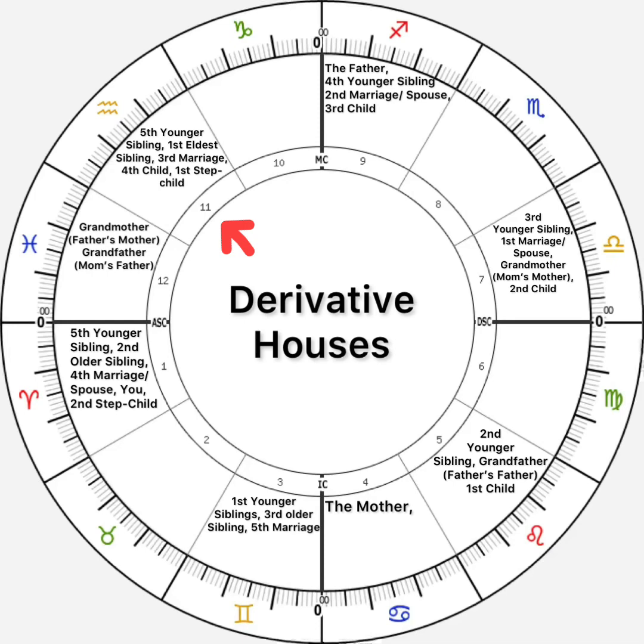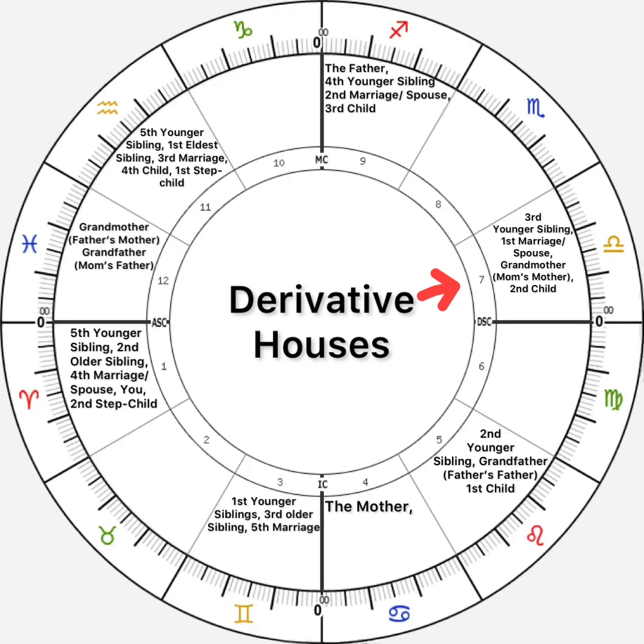Now, why would the 11th house be stepchildren, basically? The reason being is because again, let's start with you. Your house 1, this represents the self, right? You as an individual. 5 spaces away represents your child. So if we want to talk about stepchildren, back to that 11th house, again, we said this is the 1st stepchild. The reason being is because your first marriage or your spouse is seen from house 7.